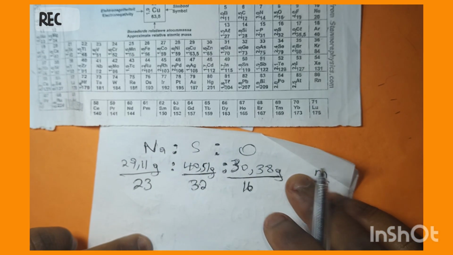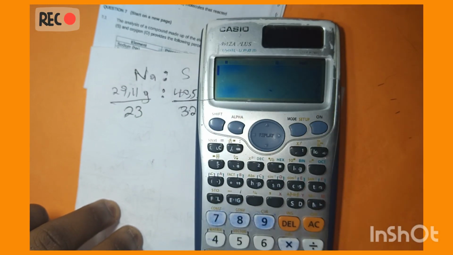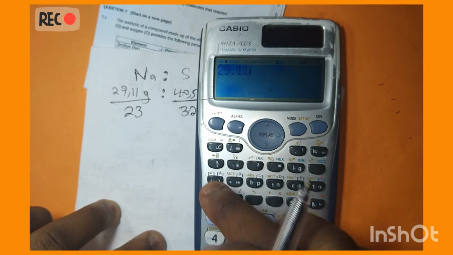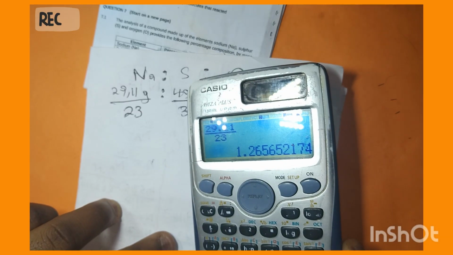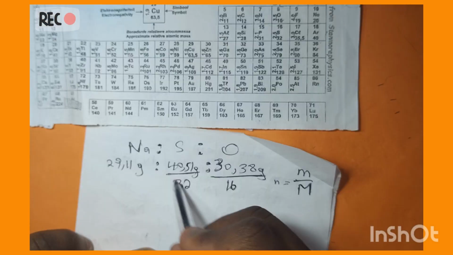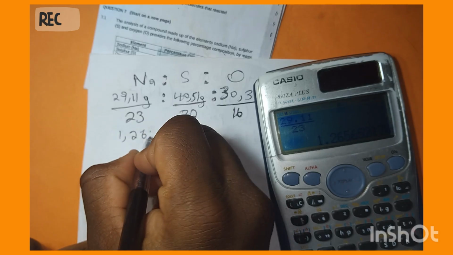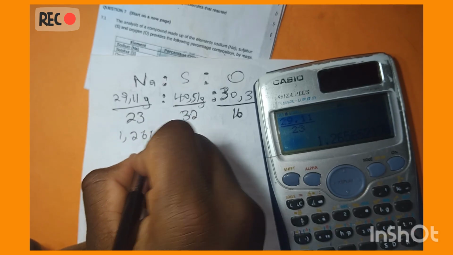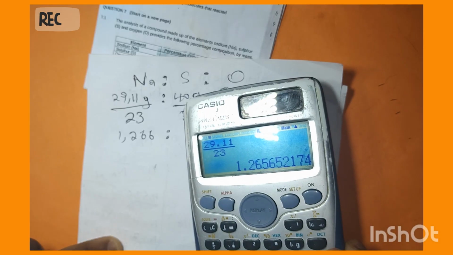Do you see? So now let's just use our calculator. Meaning this one, it's 29.11 divided by 23. This is what I get, guys. Round that answer to 3 decimal places, which is 1.266.